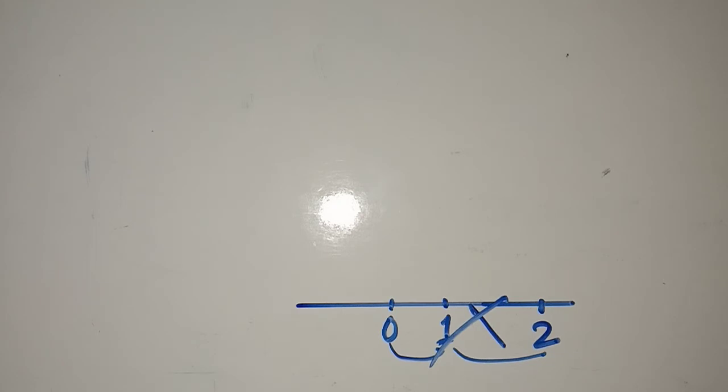If we take the distance from 0 to 1 as 1 centimeter, then 1 and 2 also, the distance should be 1 centimeter. It cannot be whatever we like. It should be exactly the same distance, one number after another.